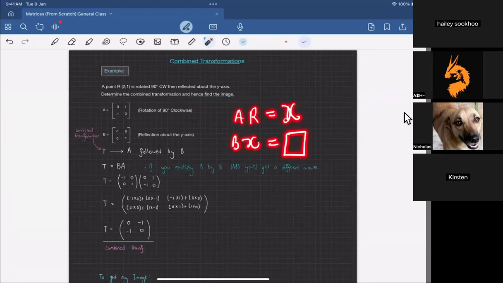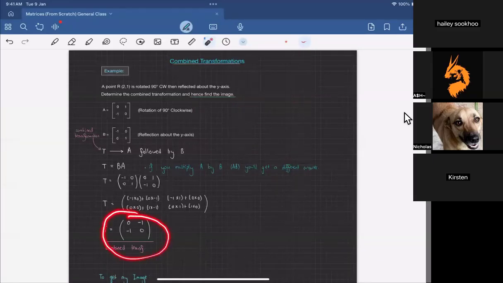Nicholas, if I were to do it in parts, wouldn't I take A, multiply it by (2,1), and whatever I get for that, I'd multiply it by B? So in doing so, I rotate it and then I reflect it. Does that make sense? Yeah, it makes sense. And that answer is supposed to be equivalent to if I multiply the point by this over here, because it's supposed to be doing the same thing.